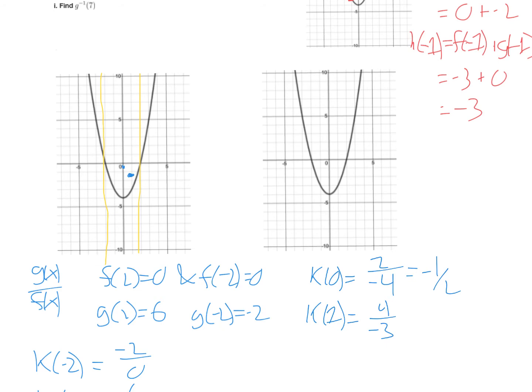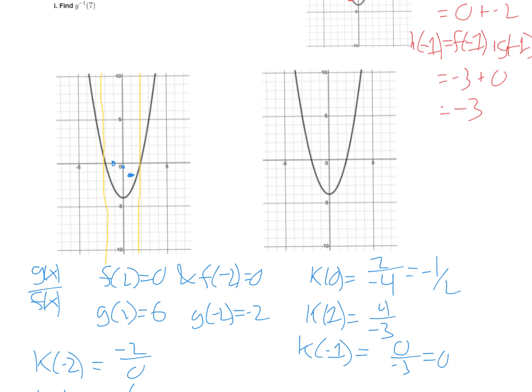And let's do k of negative 1. Plug into the equation, and we're going to get 0, right? Look at the graph, and we have negative 3. But overall, 0.